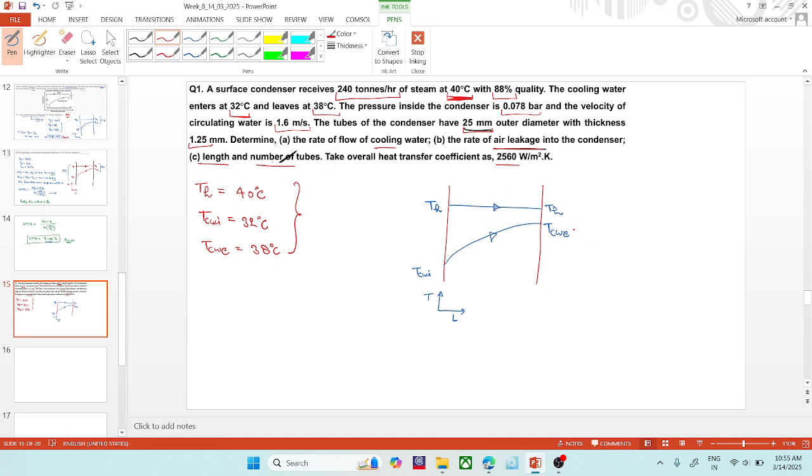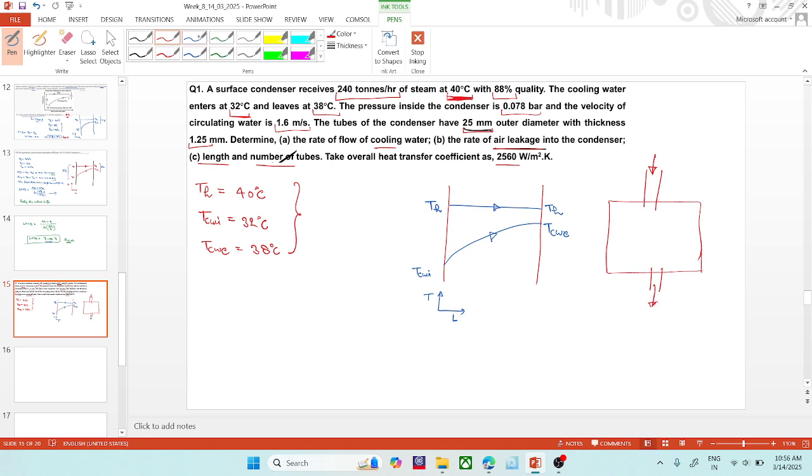Let me make the schematic of the condenser. Okay, let me make it here only. So this is the condenser, this is the inlet of the steam, and this is the exit of the steam.